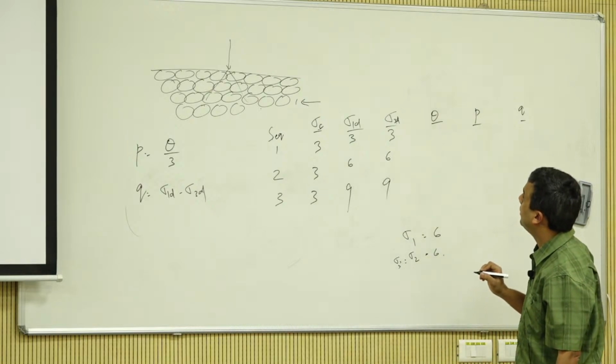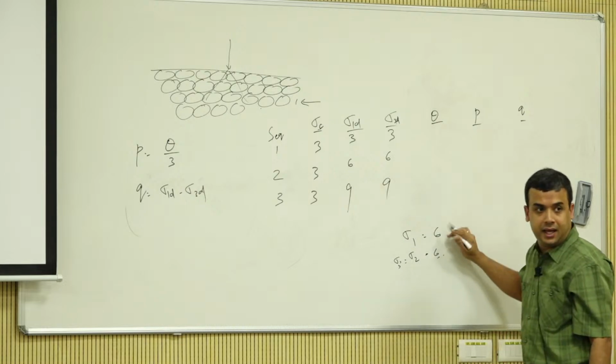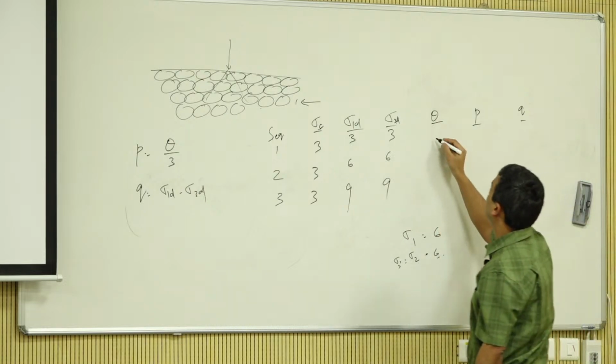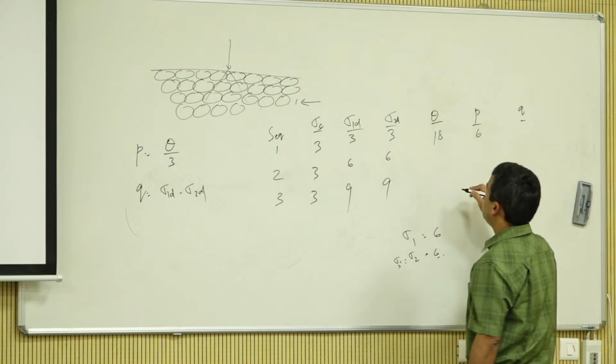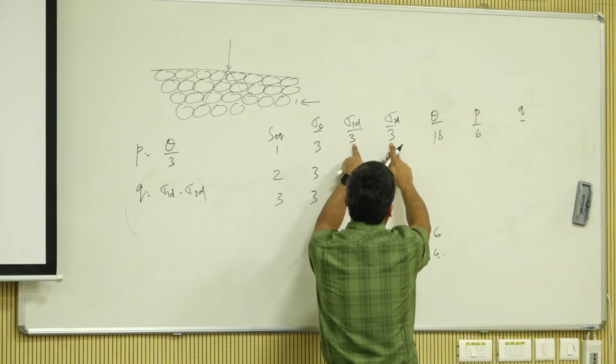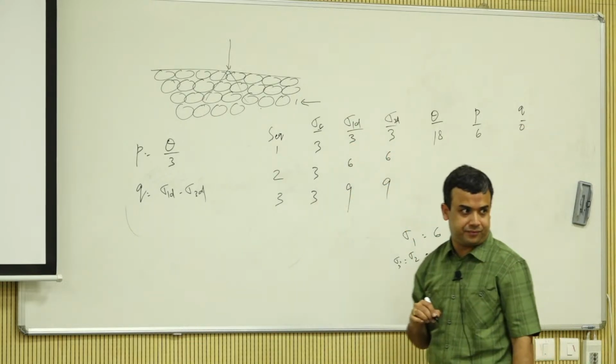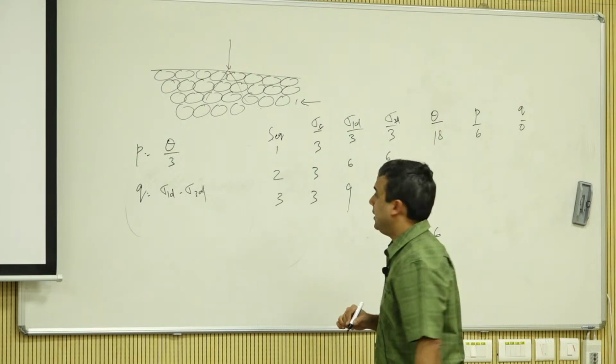Yes. So what is theta? 18. So P becomes 6. Q is sigma 1d minus sigma 3d, which is, right?